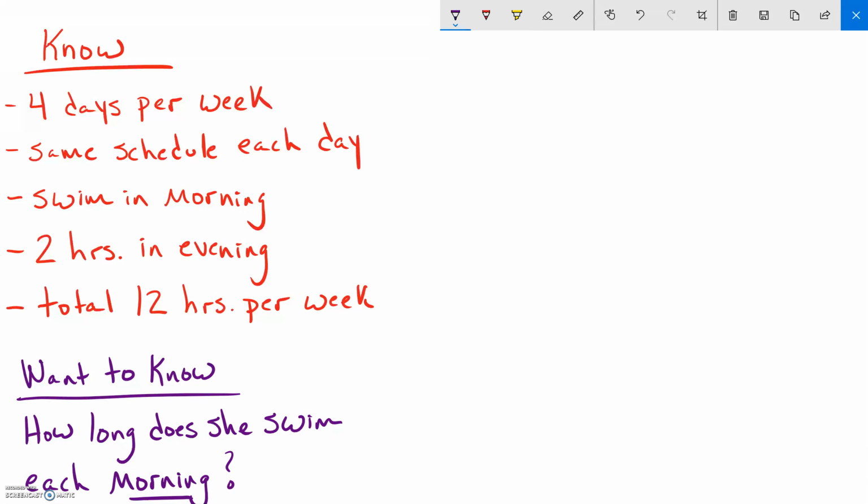So let's go ahead and start to set that up. We're going to set up an equation. You can do it mentally, but we're practicing a skill today of building an equation and then solving that equation.